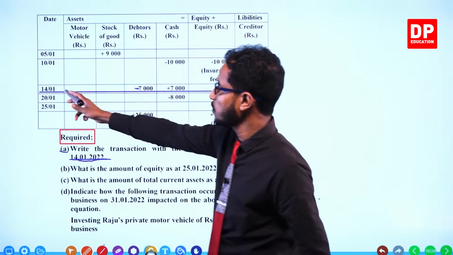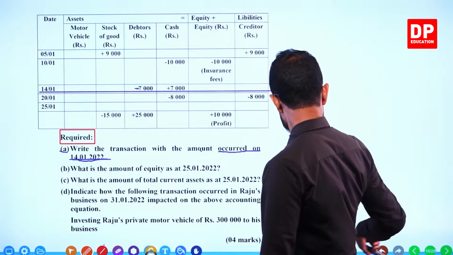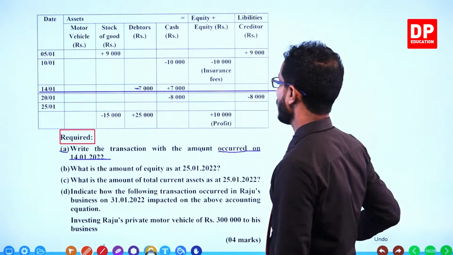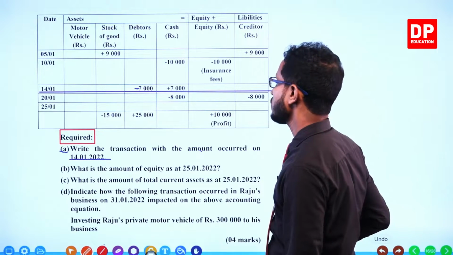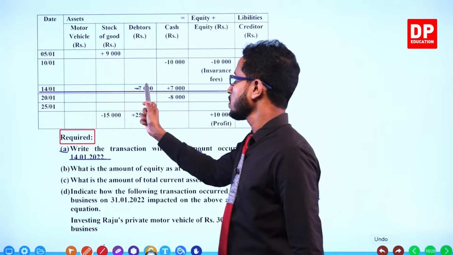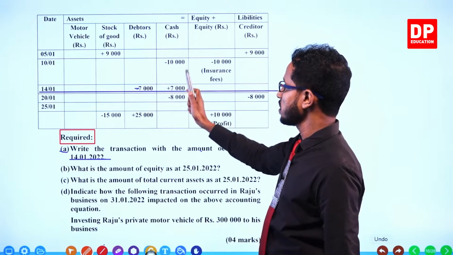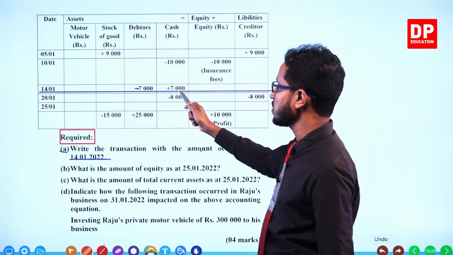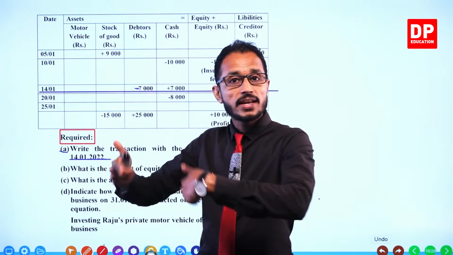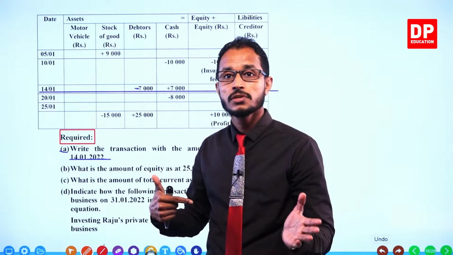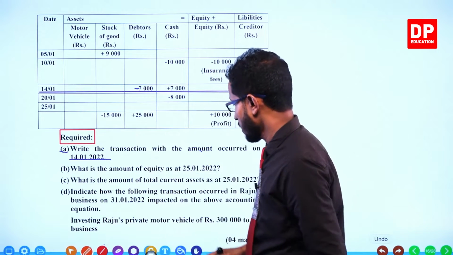I have underlined it, 14th January. And we figured out what is the transaction. 7,000 debtors decrease, 7,000 cash increase, which means debtors have paid us cash 7,000. We'll write that.